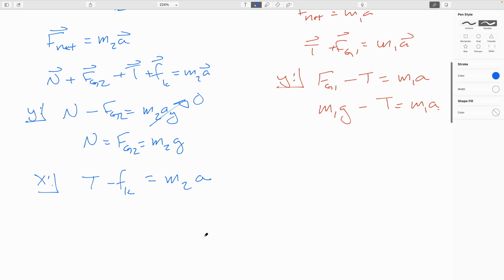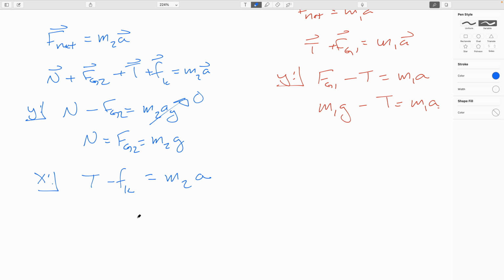Now, it looks like I'm in trouble here because now I have an equation that has a T in it that I can put in to get rid of that T, but now I got this Fk. Well, I can go ahead and put in my model for kinetic friction. So that'll be T minus mu K, times N equals M2A.